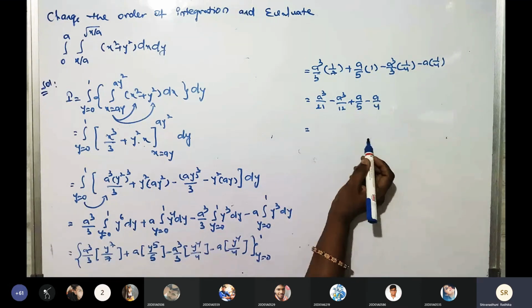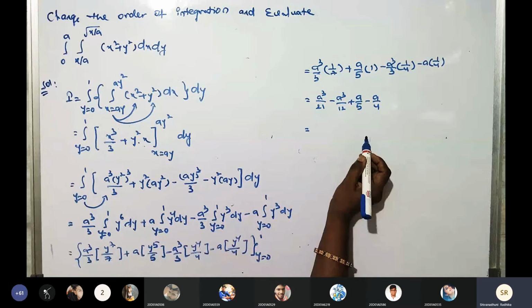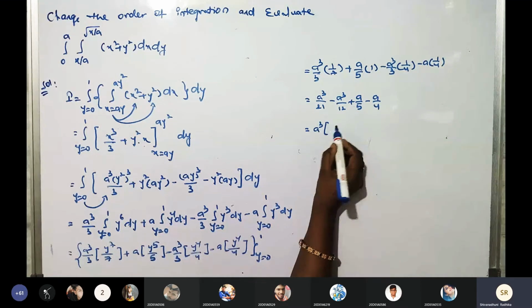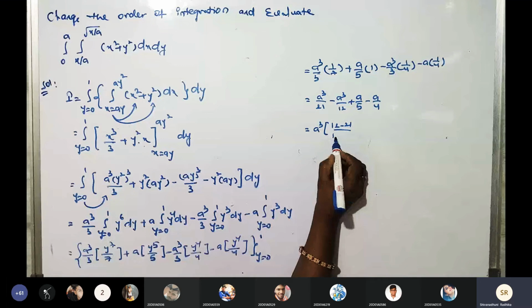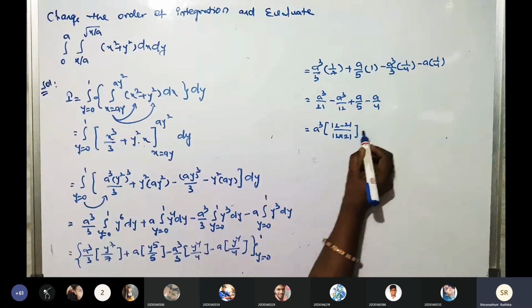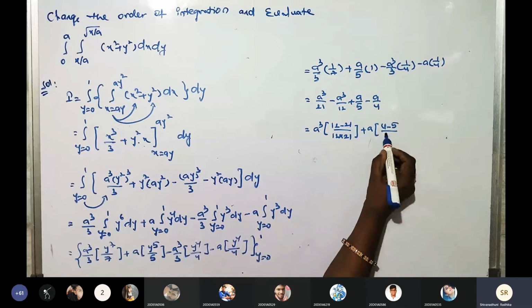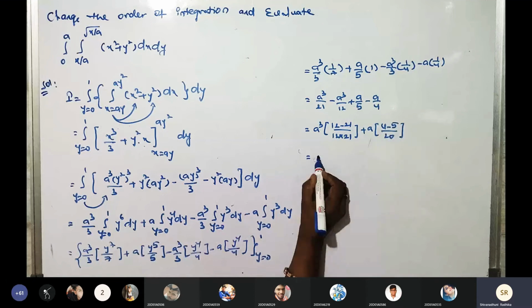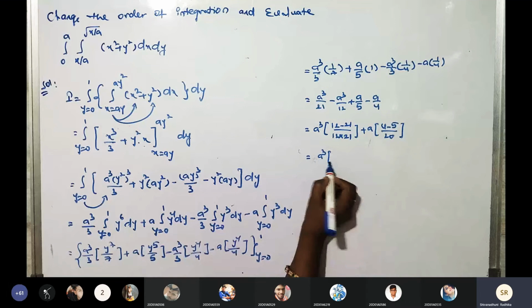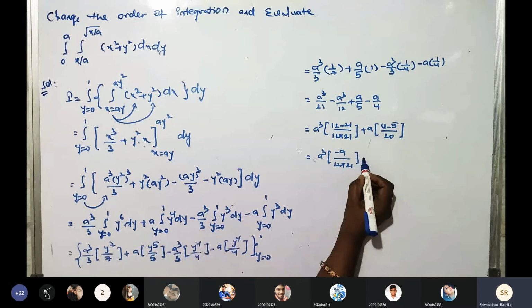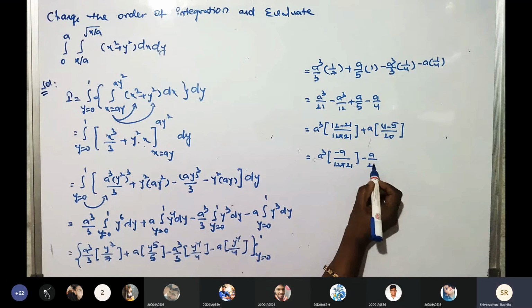Clear? So a cube taken outside: 12 minus 21, 9. Okay, a cube common. So take LCM: 12 minus 21 by 12 into 21. Again plus a common: 4 minus 5 by 20. So what is the answer here? A cube into minus 9 by 12 into 21, and minus a by 20.